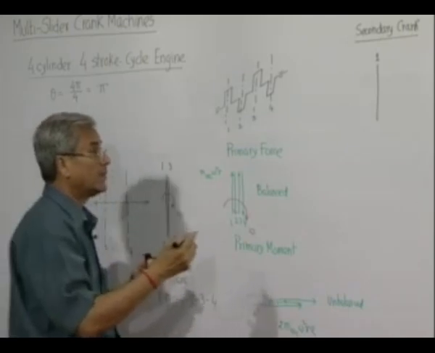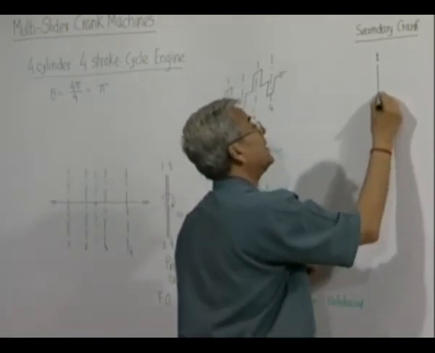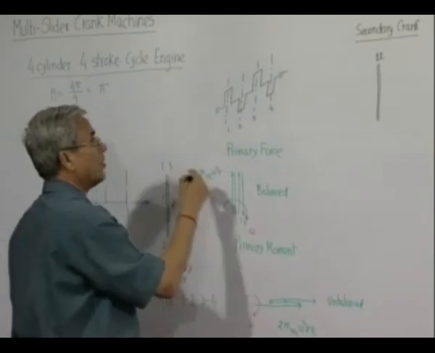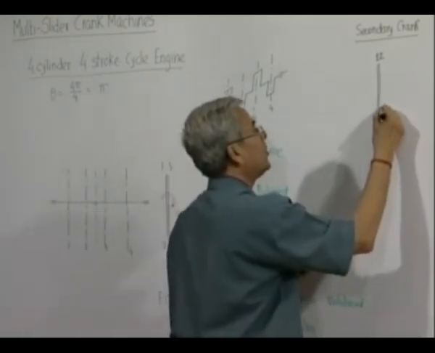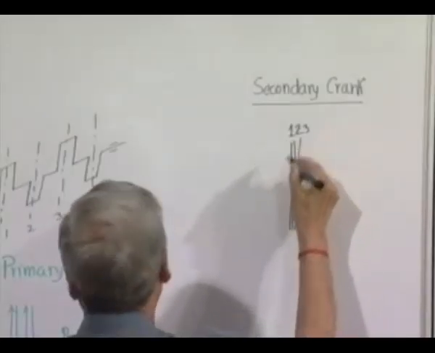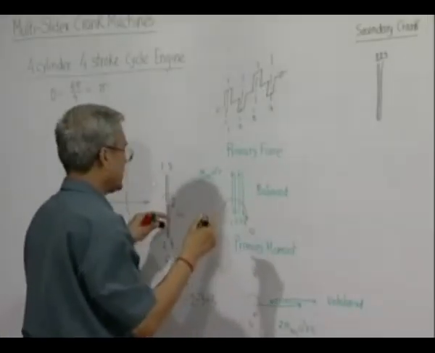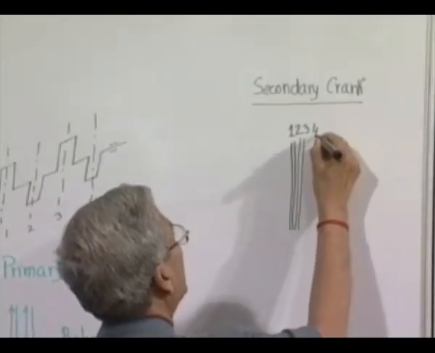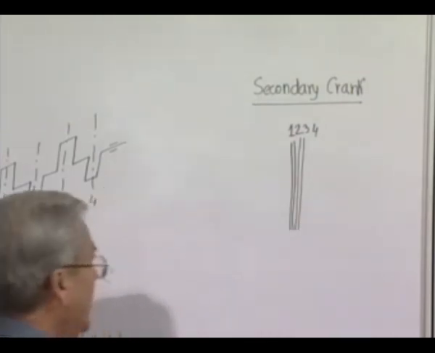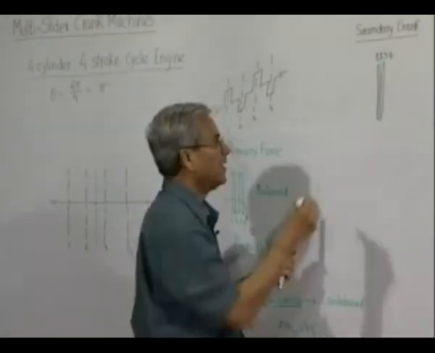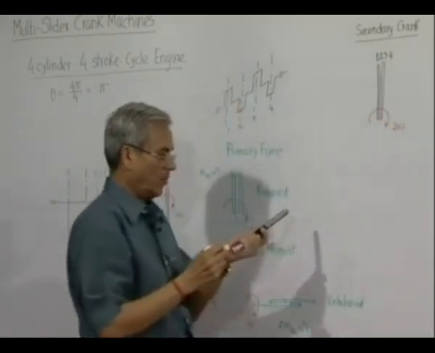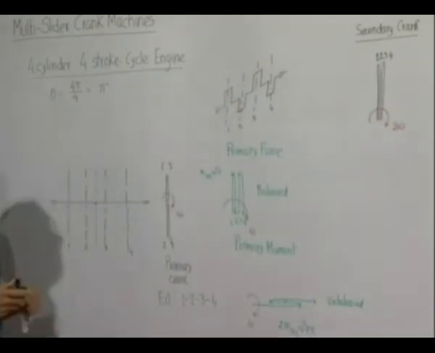So, 2 of that will be 180 degrees. So, it will be like this. Then 3 is also again 0. So, 2 into 0 will be again 0. And 4 is again 180 degrees, 2 of that will be again 2 pi. So, now you find secondary cranks are all aligned and they are rotating at a speed 2 omega.